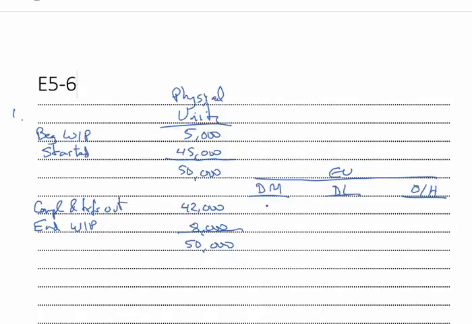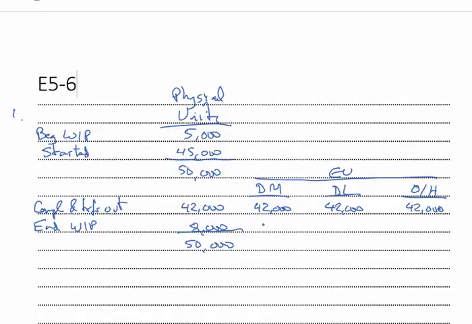Okay, so completed and transferred out is going to be 42,000 for all, because they're finished, so they're 100% complete, right? It's the ending work in process we want to look at, and we are told ending work in process is 75% complete as to materials.